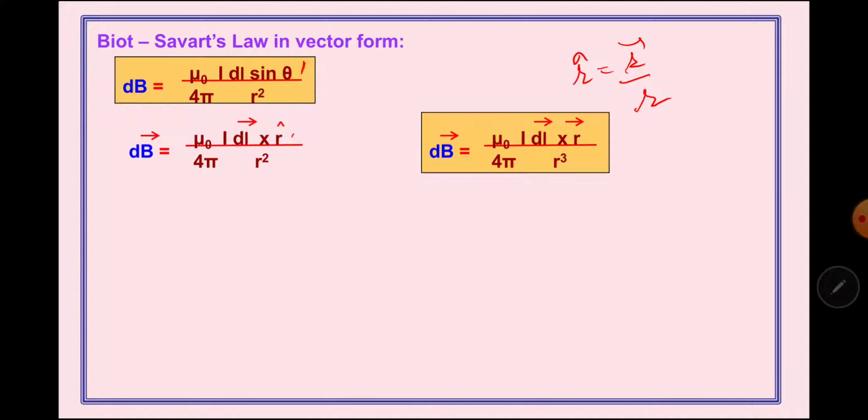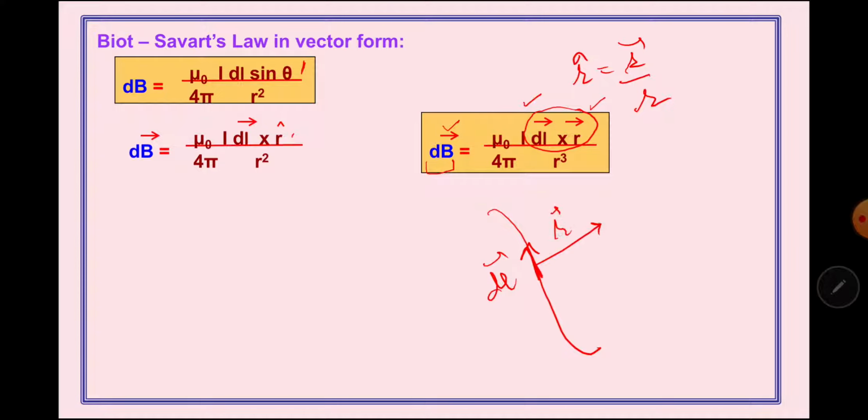So students, we know about the cross products. If I'm writing dB vector in terms of dl cross r, that means to say dB vector must be perpendicular to both dl and r. In the diagram what we have seen, this was the current element, this was dl direction, and this was the direction of r.